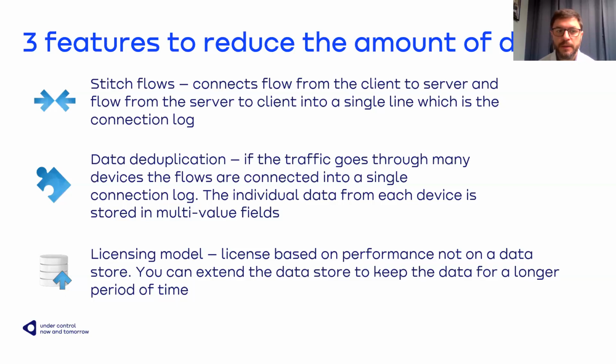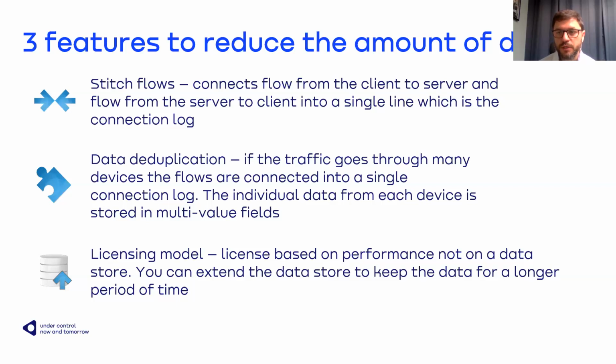So we decided to stitch the flows from every single device and deduplicate the data. So to show that we see some communication from computer to the server, and we see that this communication went through this and that device, and we are going to report this information in our system.